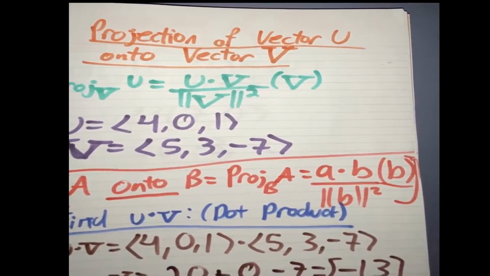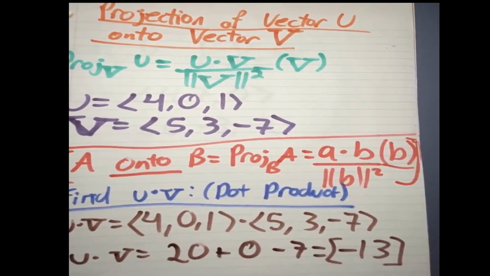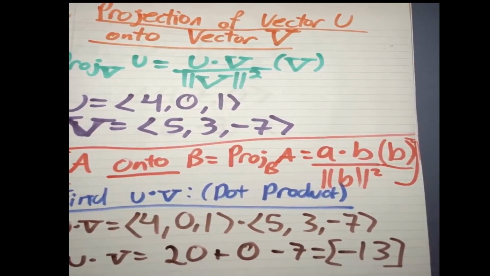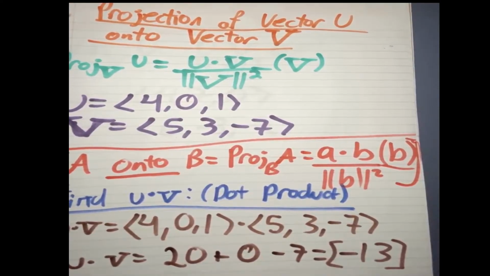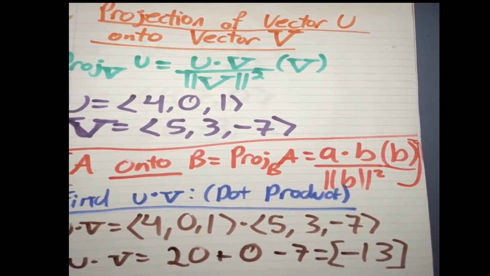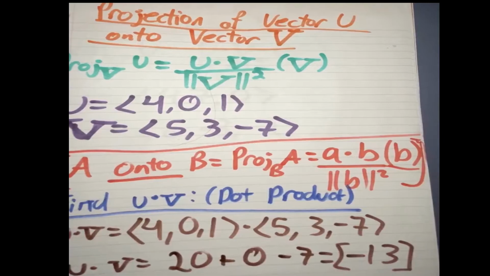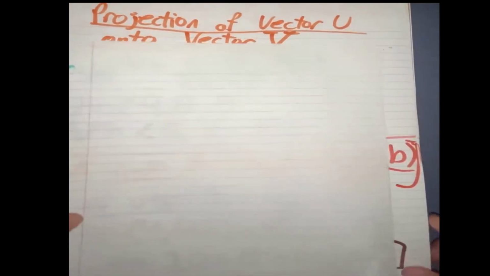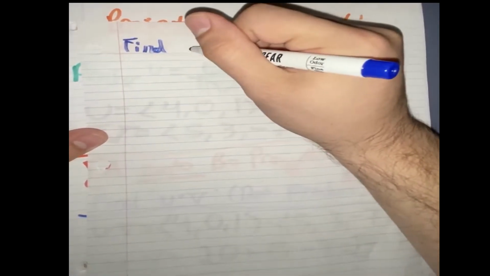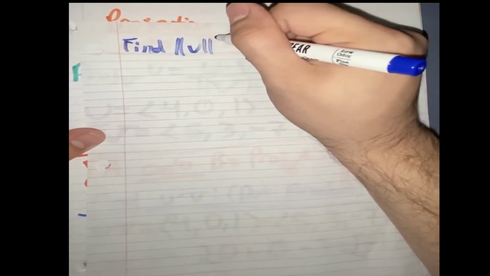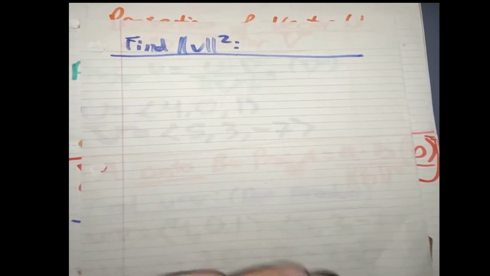So the next step, our dot product is negative 13. The next step is we're going to find the magnitude of vector v and then square it.